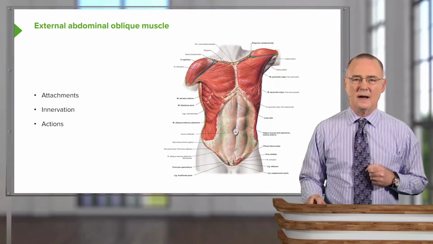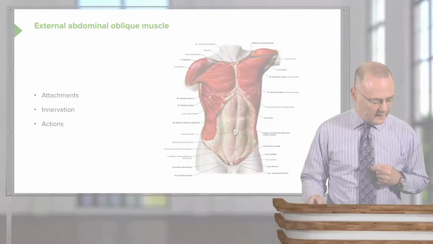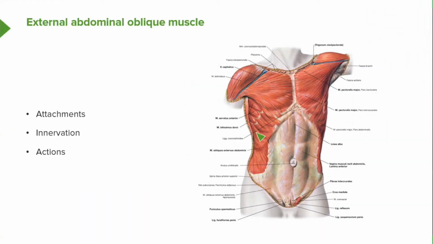this particular area. The attachments of the external abdominal oblique, points of origin are going to be here more superiorly. The external abdominal oblique is going to arise from the outer surfaces of ribs 5 through 12.